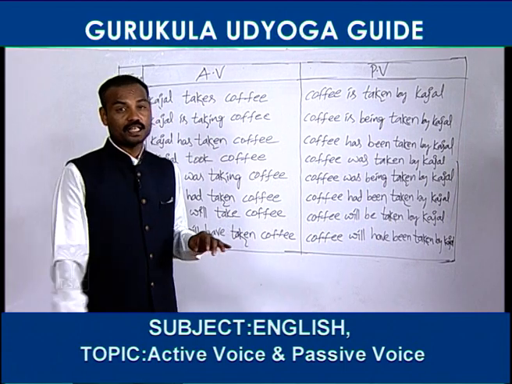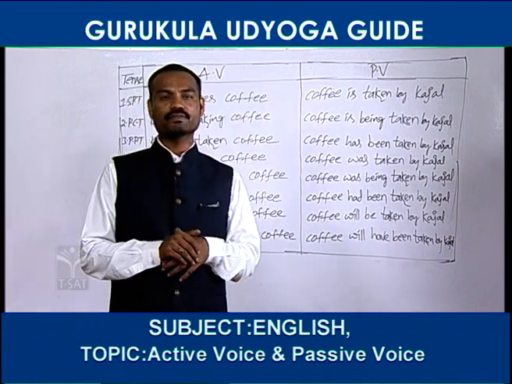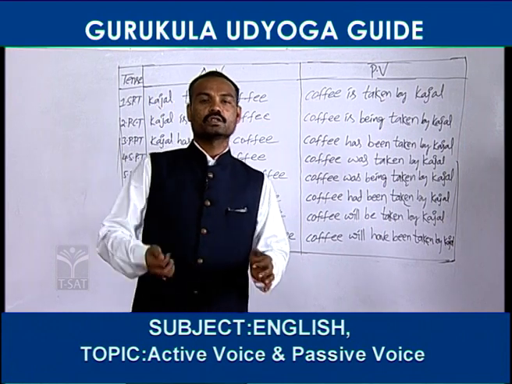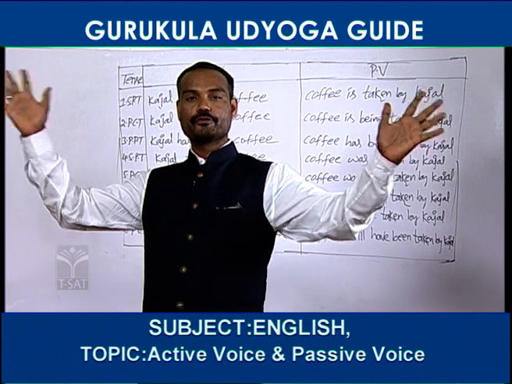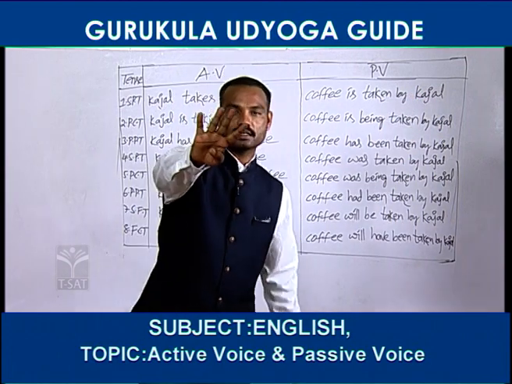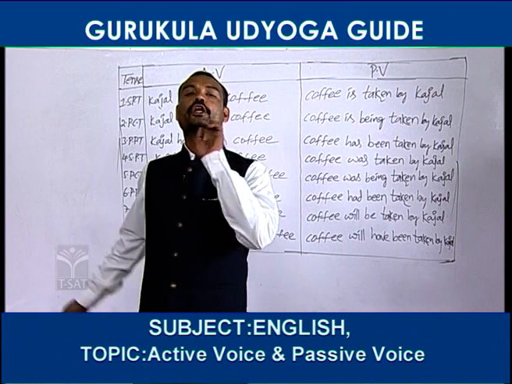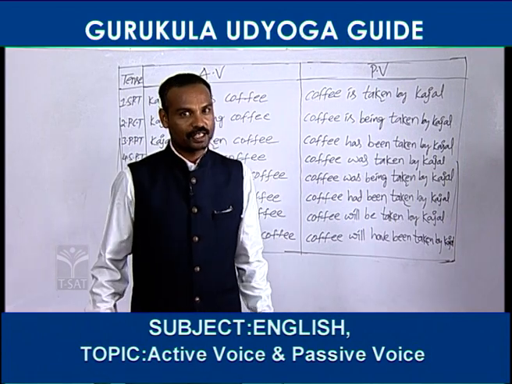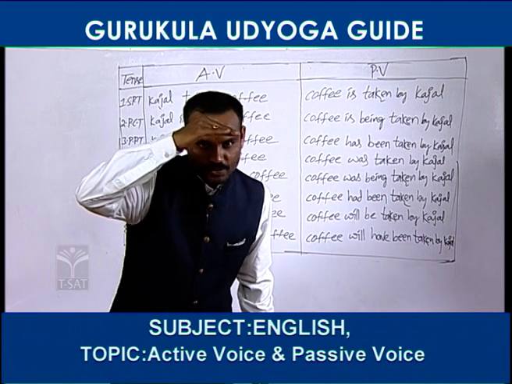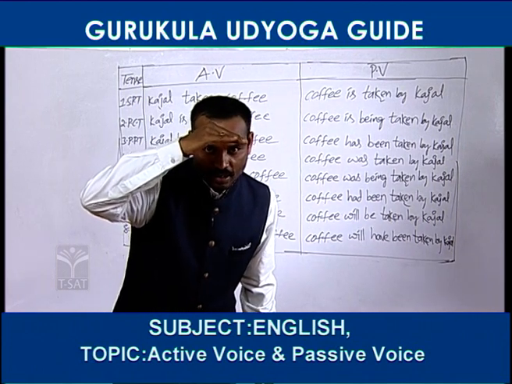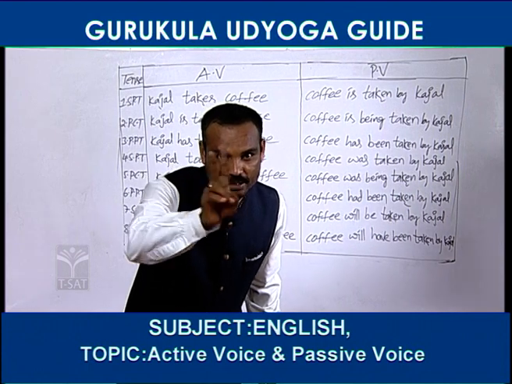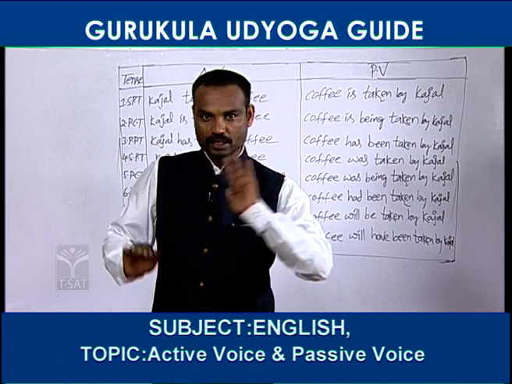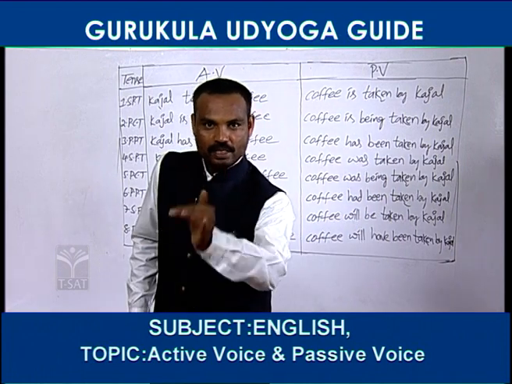Next, past perfect continuous. Can we find out any passivize for past perfect continuous? There is no passivize. So that's it. Let's enter future. In future, there are 4: simple future, future continuous, future perfect, and future perfect continuous, friends. But only for 2 tenses passivizes are available. One is for simple future, and another one is future perfect.